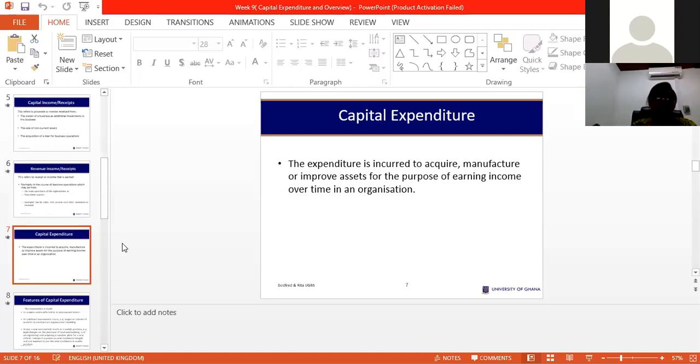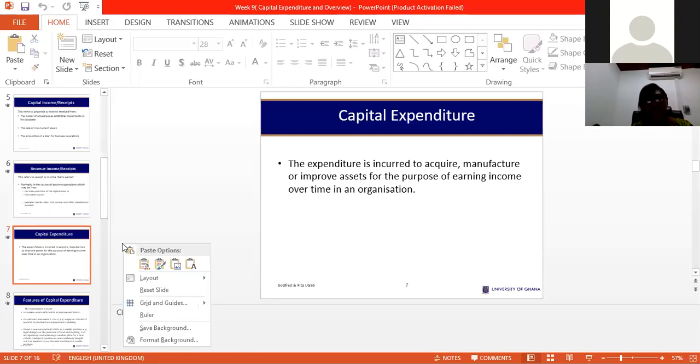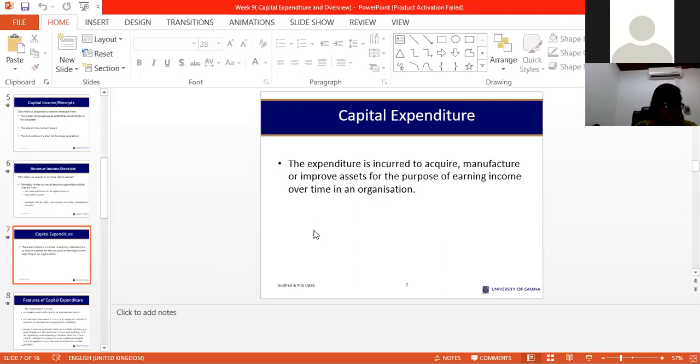That one is a total improvement. We are not talking about just some body work tool that you want to do because it's rusting here. No, we are talking about doing a general body works and then making sure that that motor vehicle is sprayed. After that, that could be a capital expenditure.